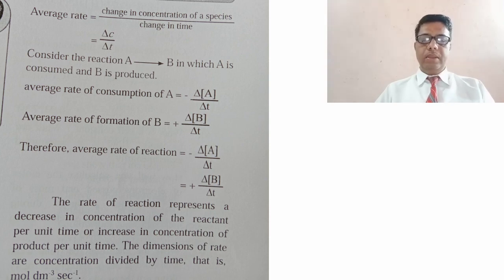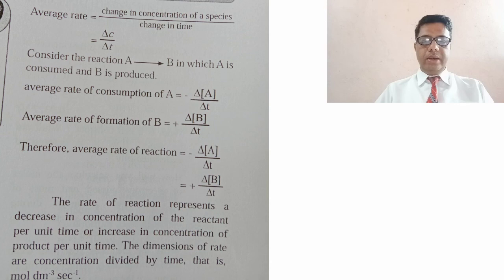And last, the dimensions or units of rate of reaction are given by concentration divided by time, that is mole per cubic decimeter per second, or mol dm raised to minus 3 s raised to minus 1. So student, this is the concept of average rate.